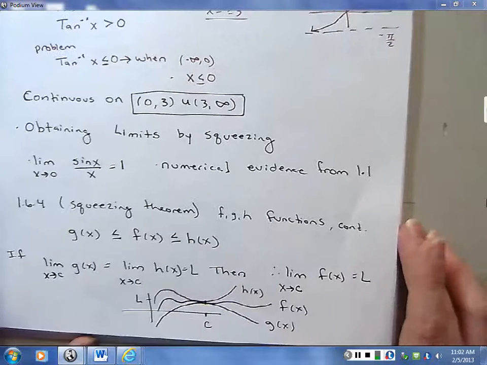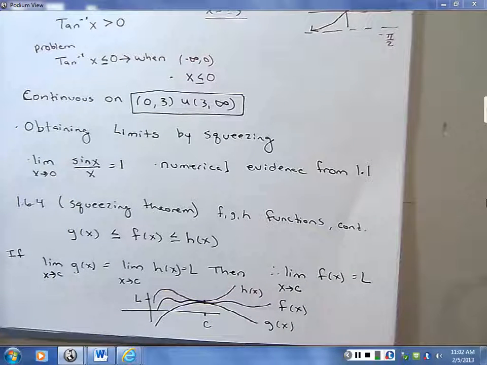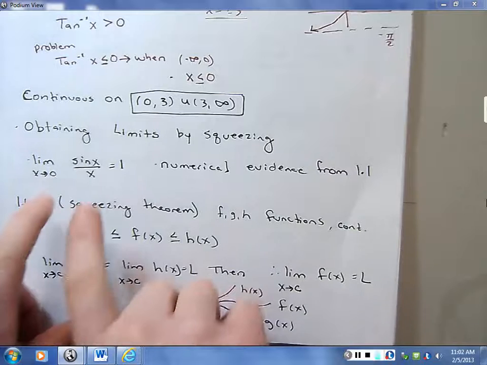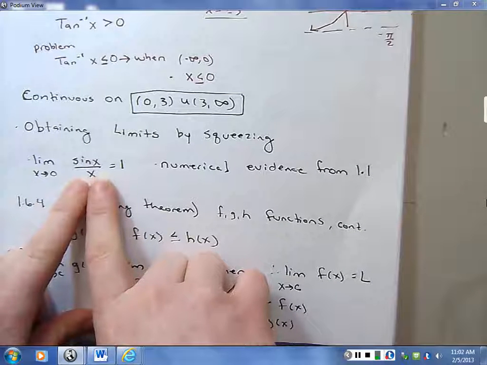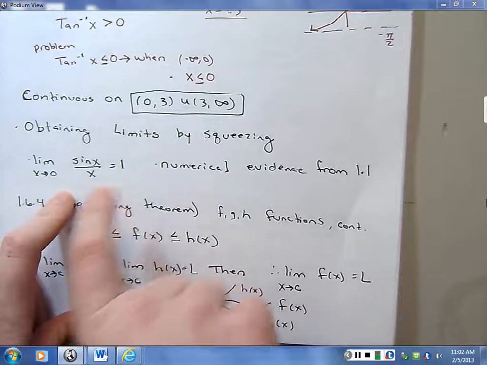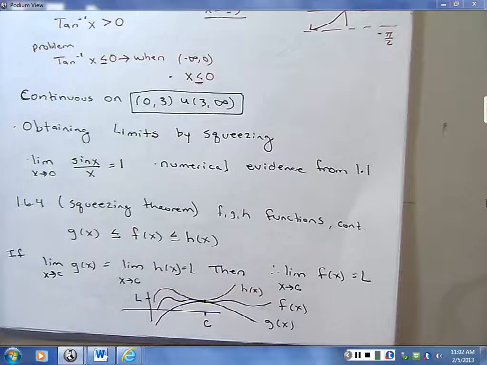We spent some time looking at the proof of the squeeze theorem in the book for the limit of sine of x over x as x goes to 0. That equals 1. Now you can take that to be true, so you don't have to ever prove it again. You can know that if you take x to go to 0 of sine of x over x, that approaches 1.